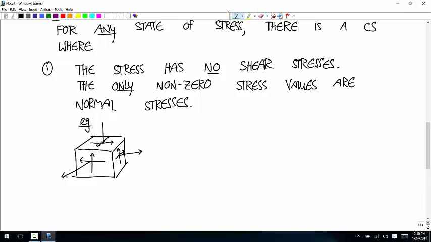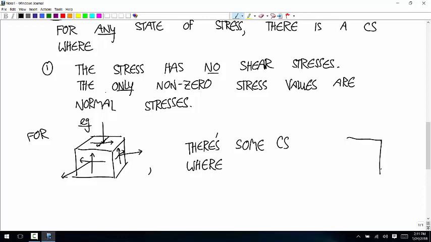There's some orientation of the coordinate system. Okay. There's some coordinate system where all you get is, I don't know what the signs of these would be, but say you got one like that, one like that, and one like this.